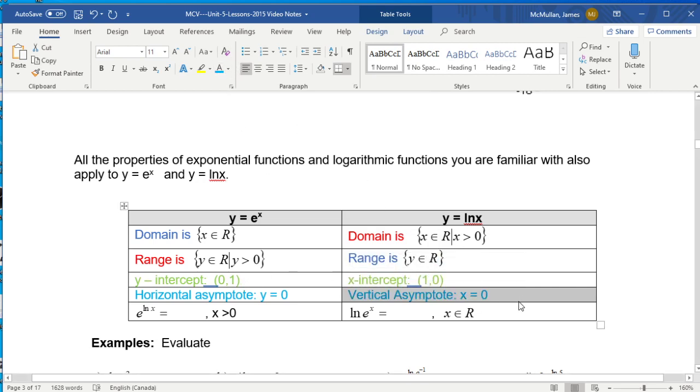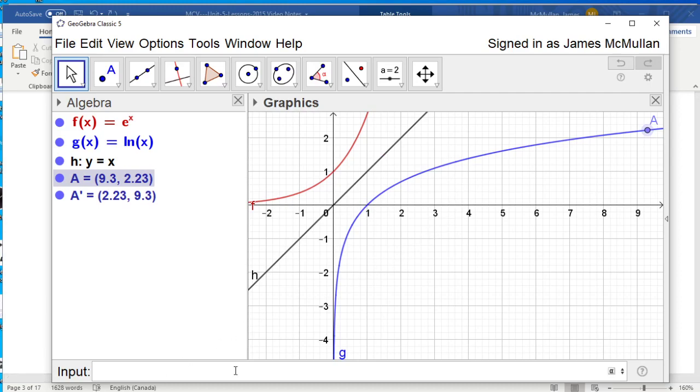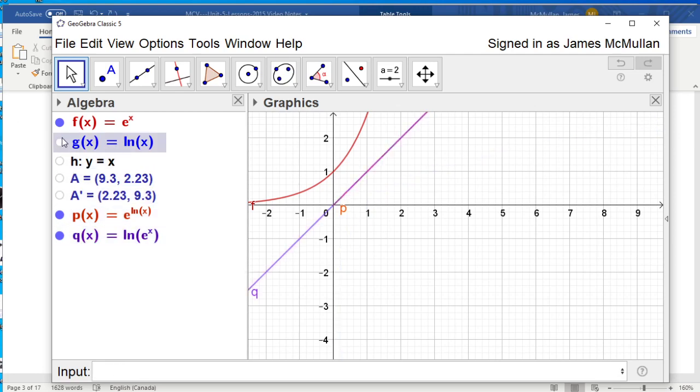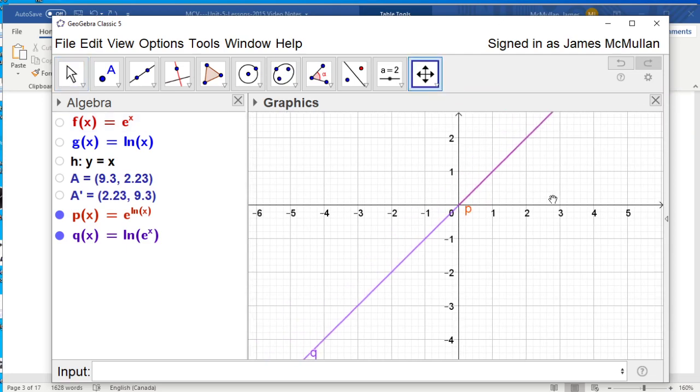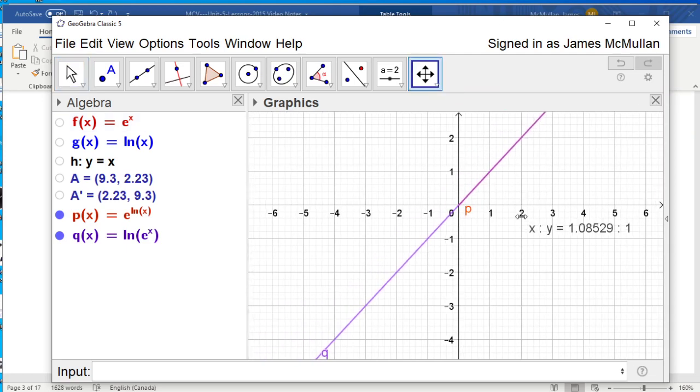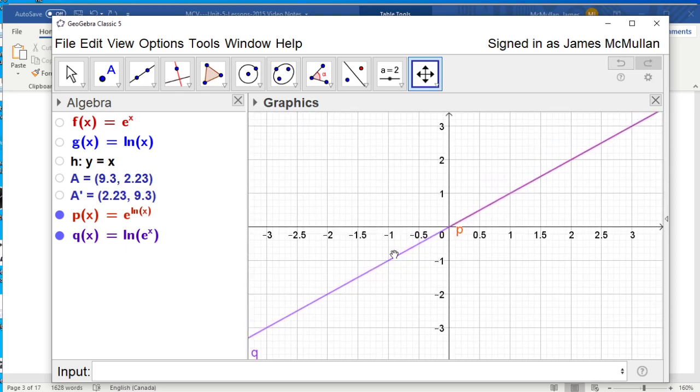Now, the one thing where you do have to be a bit careful here is, if I draw f of g of x, it produces something. If I draw g of f of x, it produces something a little bit different. This is an important question that I asked if you had me in advanced functions, but if you didn't, I want you to think about why these two are different.